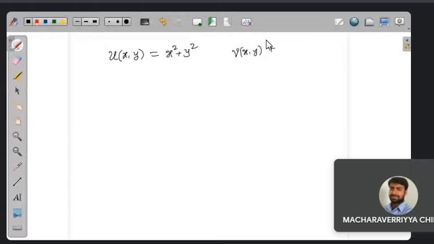And let me assume this is x plus y. I'm taking a trivial one only, x plus y whole square minus 2xy. Now it becomes just x square plus y square. So there's no point in taking it.